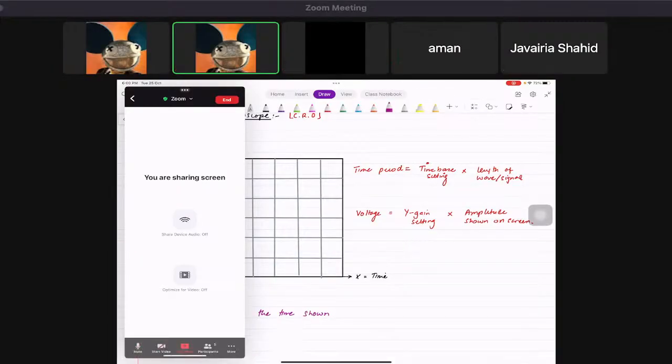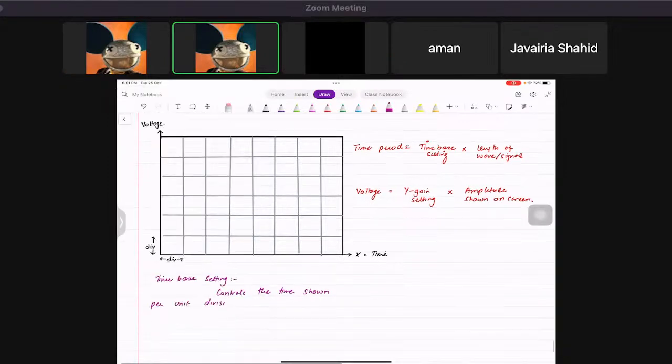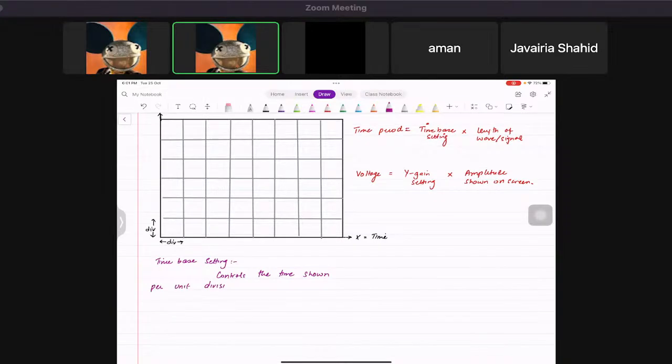Time base setting controls the time shown per unit division. For example, we could say one division that you see should control 10 milliseconds. So it means each division will only show 10 milliseconds on the screen. Do you understand? This is like screen settings.